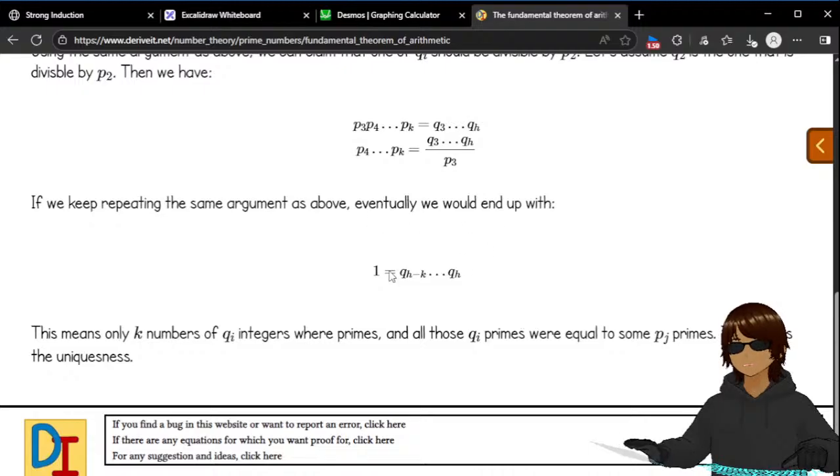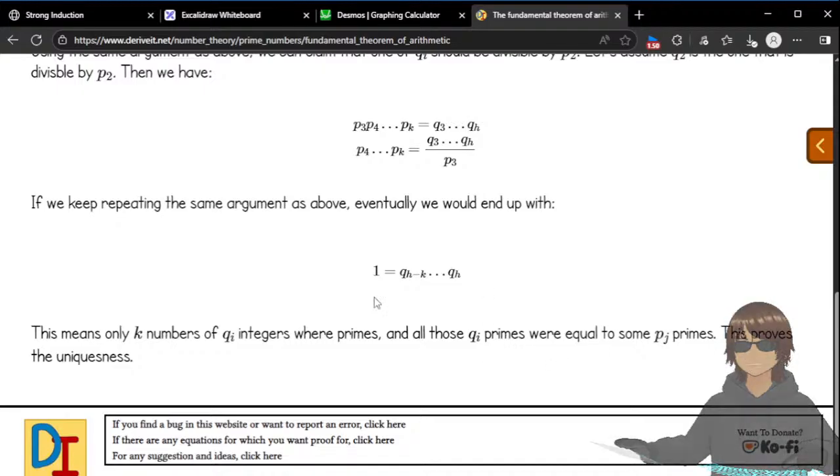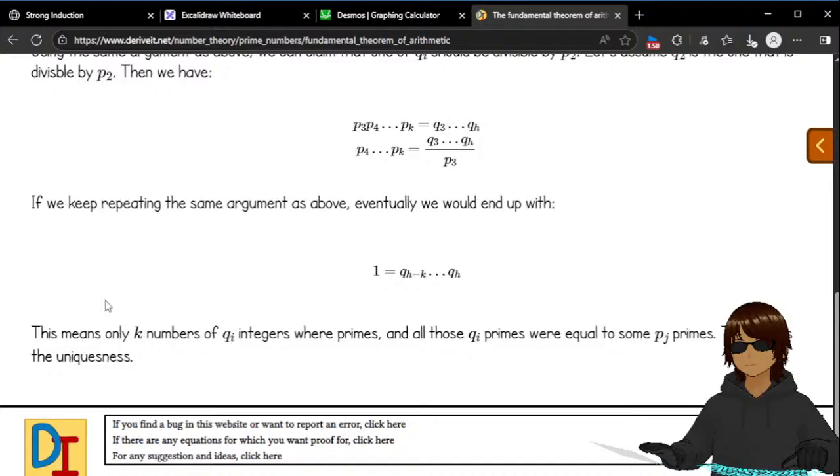Then eventually we will end up with this. This means only k numbers of qi integers were primes, and all those qi primes were equal to some pj primes. This proves the uniqueness.